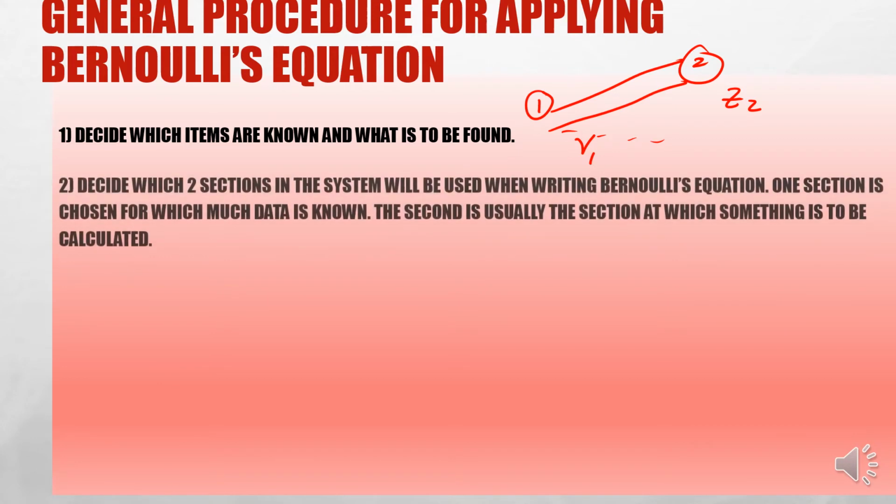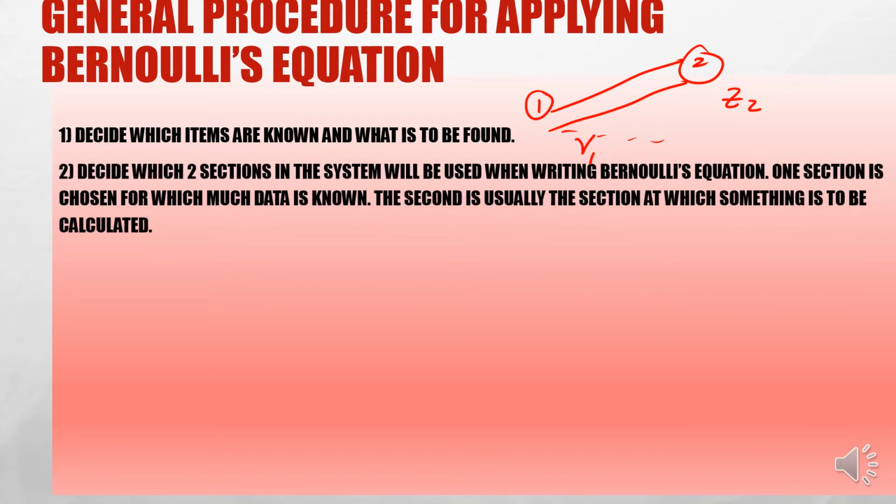The second step is to decide which two sections in the system you will use to apply Bernoulli's equation. For example, if you choose this one as point 1 and this one as point 2, there should be information provided for each point.